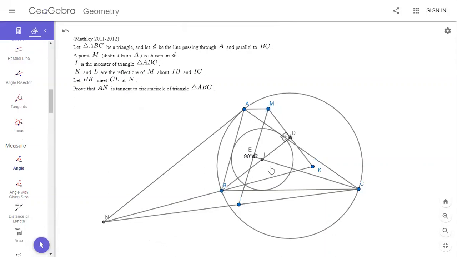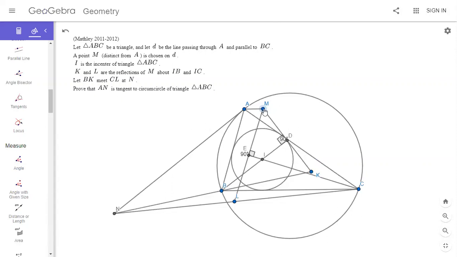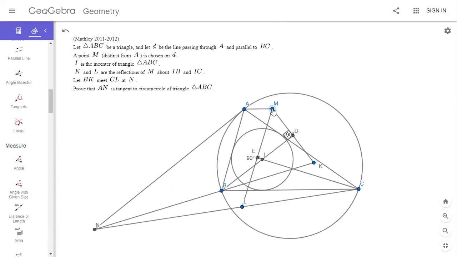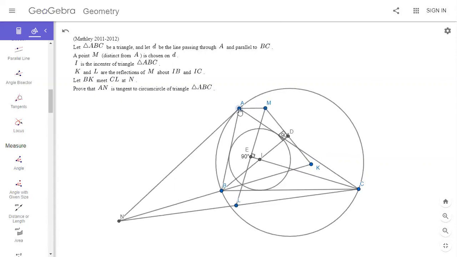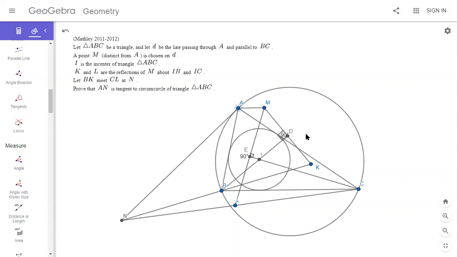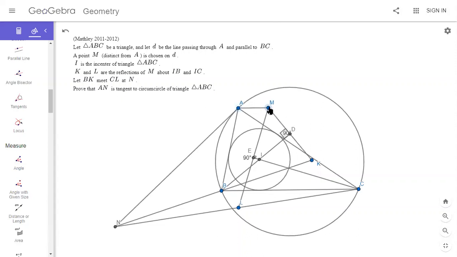So obviously AEID is cyclic. In fact, we have an orthocenter, right? So MI, is this concurrent on the circle? I think that's just a coincidence. Yeah. Okay. Here we go. It looks like it's concurrent on the circle.